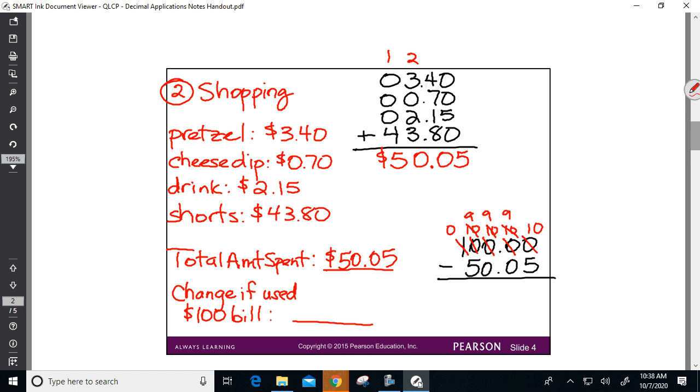Now, we can actually subtract. So 5, 9, 9, 4. There's your change.